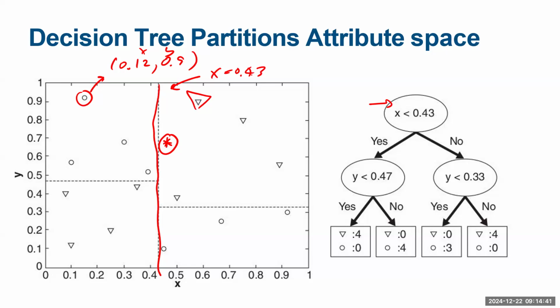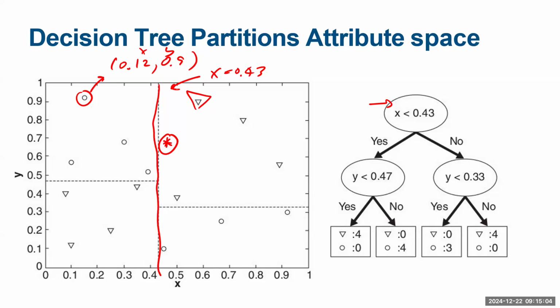So the decision tree actually splits the space into two parts, right? Yes and no. The yes is on the left side, where x is less than 0.43, and this is the left side, and this is the right side. So it splits the space in half.